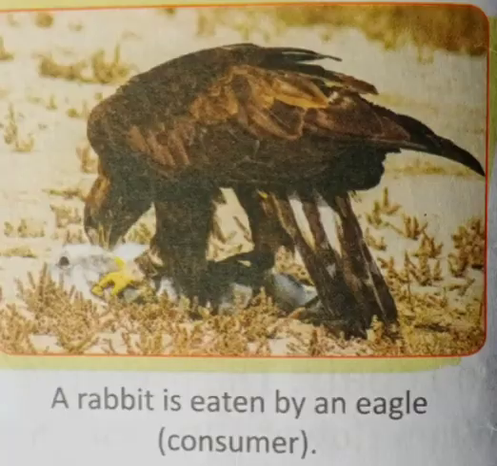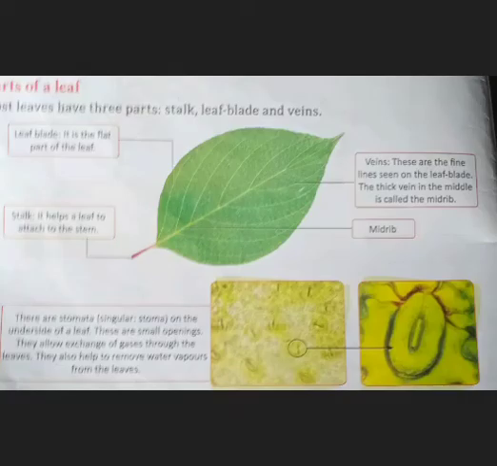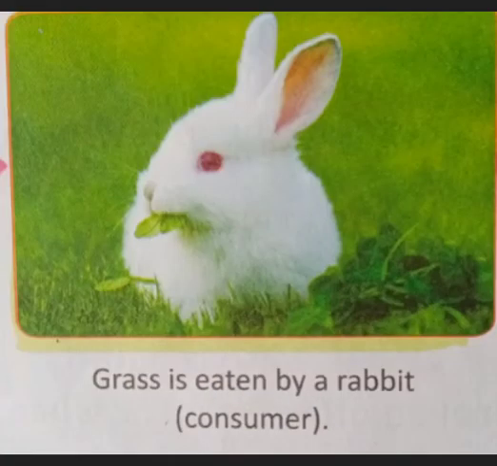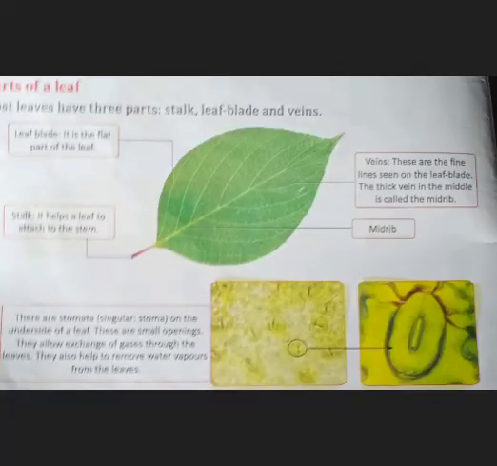Thus, the food chain shows how producers and consumers depend on each other for food. Green grass prepares its own food through photosynthesis. Grass is eaten by a rabbit, it is a consumer, and the rabbit is eaten by an eagle, it is also a consumer.